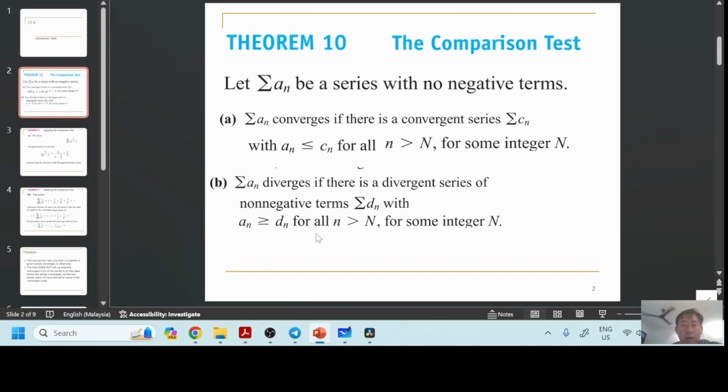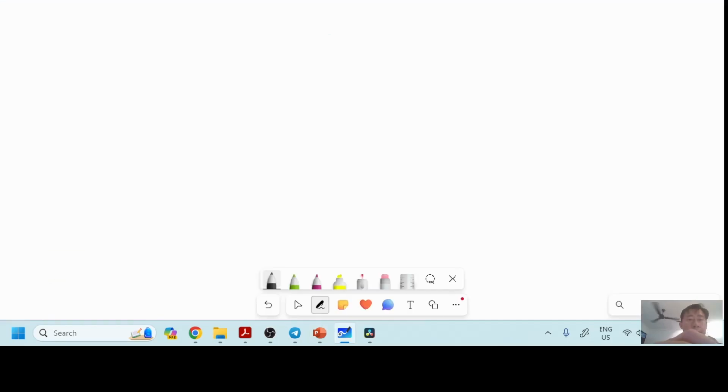Let me briefly conclude the comparison test as stated in Theorem 10. You are given a series, say A, where all the terms in the series are non-negative.